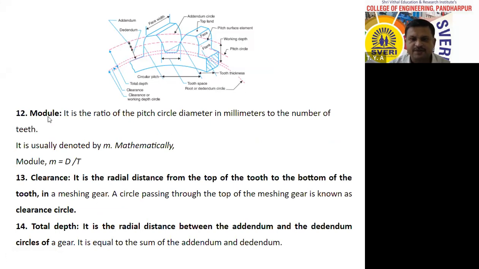Now, next definition is module. It is the ratio of the pitch circle diameter in millimeters to the number of teeth. It is usually denoted by M. Mathematically, module M is equal to D divided by T.